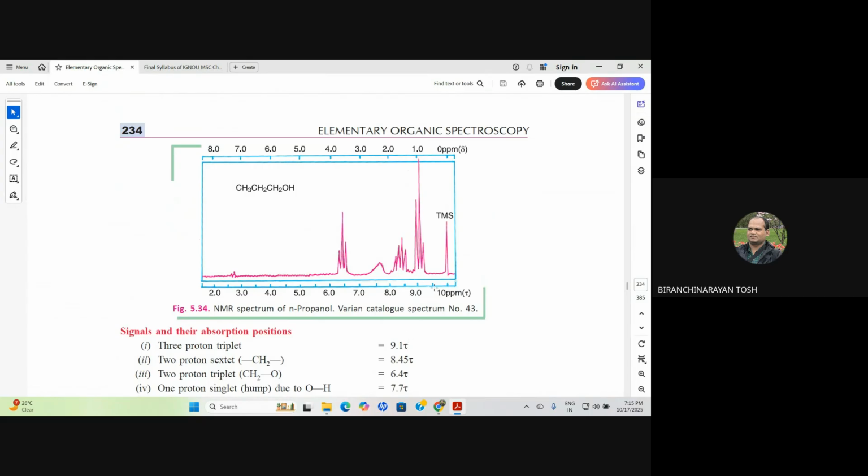In the delta value, it will be less than 1. And this 2 proton sextet will be a little bit uphill, at 8.45, then the hydroxyl hump, then the 2 proton triplet, which is more electronegative, so more deshielded, so downfield, around 6.4. Are you clear?